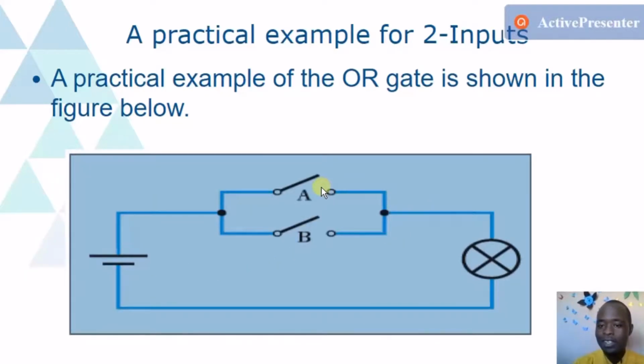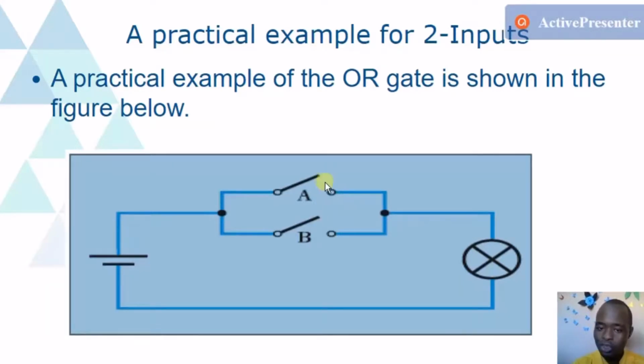Now this is a switch A and B. That's our input A and B, and we have a bulb here. Whenever A is closed, you have a light, or an electron, passing from here to this bulb, and this will glow when A is closed.